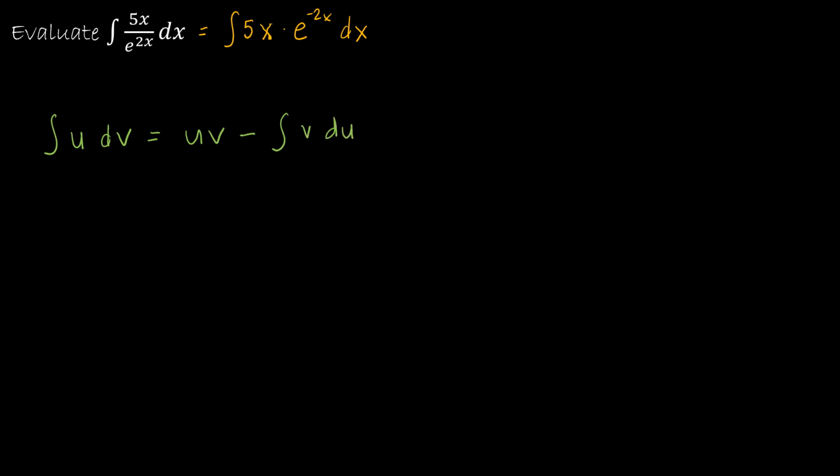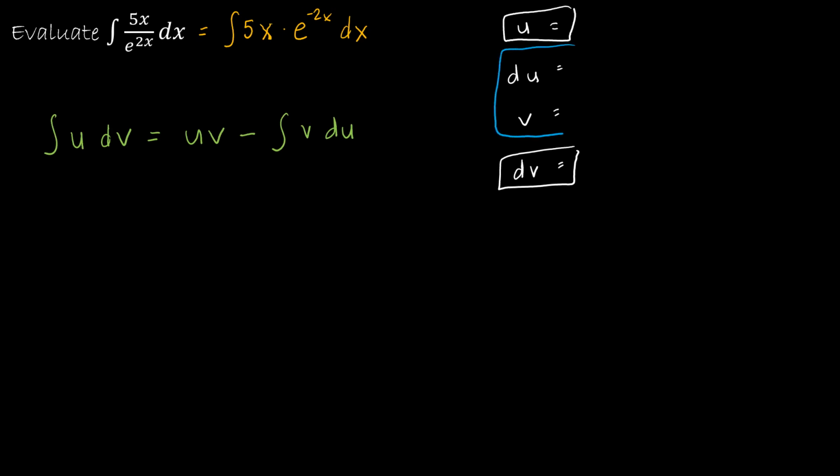And again, I have some choices to make. I've got u, du, v, dv, and I'm choosing dv and I'm choosing u, and I'm keeping in mind that I want this to be as simple as possible. So when at all possible, we want du to not be a function, because we only want to have to integrate with one function.